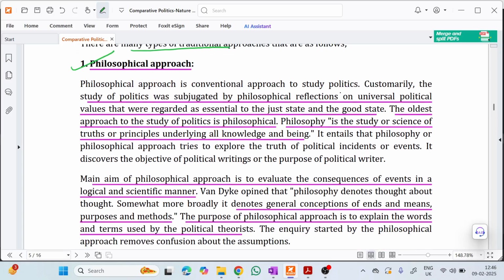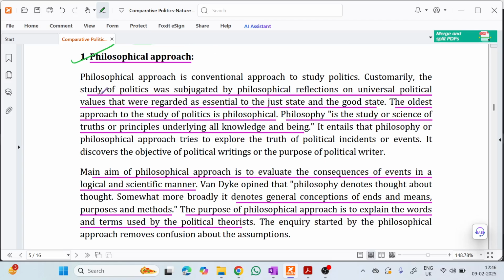So the philosophical approach is customarily a study of politics. It was subjugated by philosophical reflections on universal political values that were regarded as essential to the just state and good state.